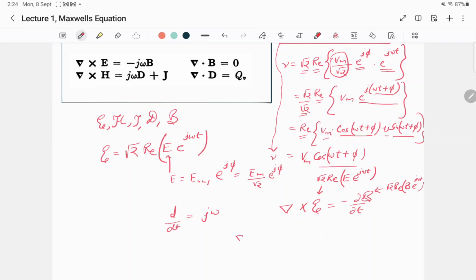So what we get is del cross root 2 real part of E e to the power j omega t is equal to negative del by del t of root 2 real part of B e to the power j omega t.